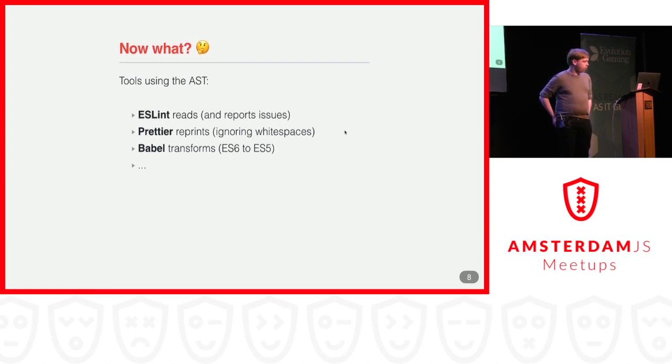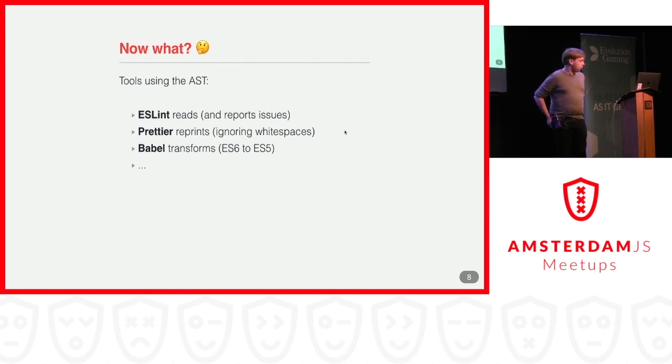One step further, I would say, would be something like Prettier. It does a bit of a modification in a way that it reads the abstract syntax tree from your program, so it understands what it needs to do, and recompiles it to JavaScript, ignoring all the whitespace information that you were using before and formatting it in a different way.